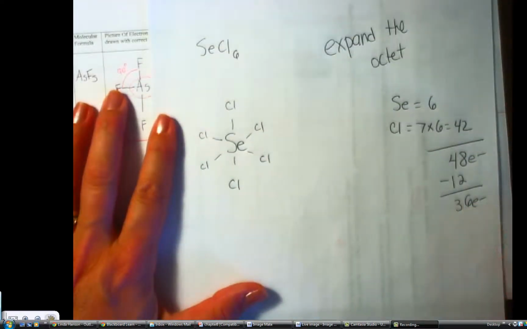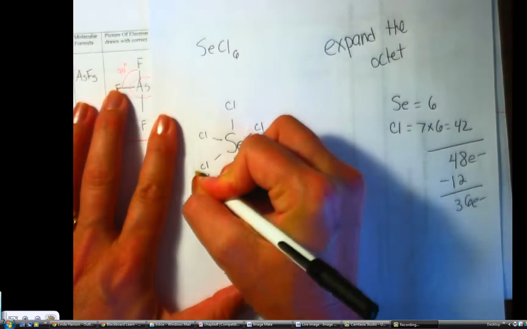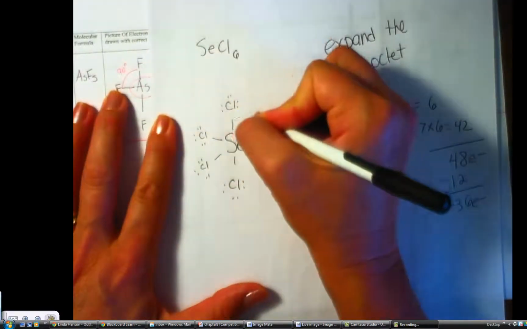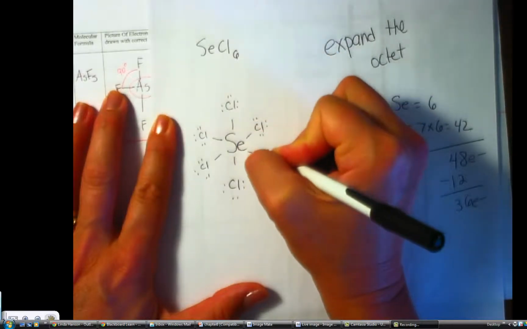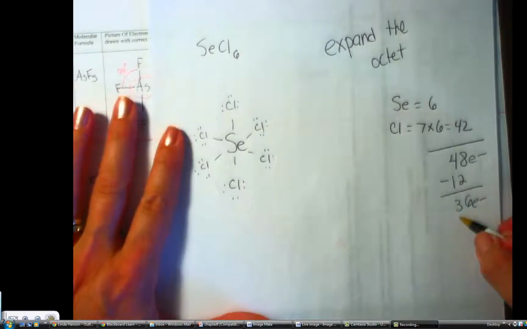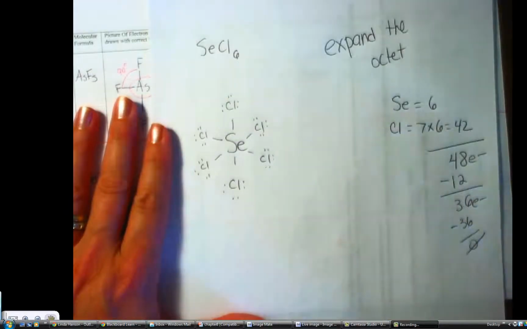With those, our job next is to fill the octet of all of the outer electrons. So each of those chlorines will need 6 dots placed around it. And when we do that, how many did we use? Well, each of those 6 had 6 dots, so we used all 36, so there's none left to place on the central atom.